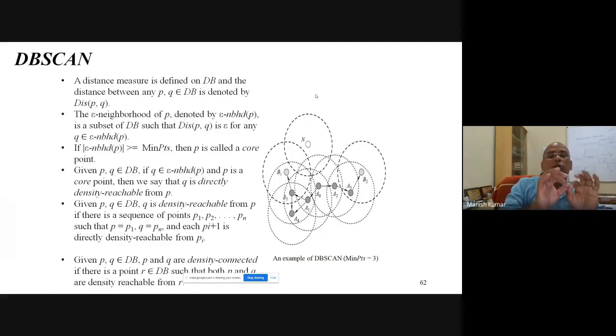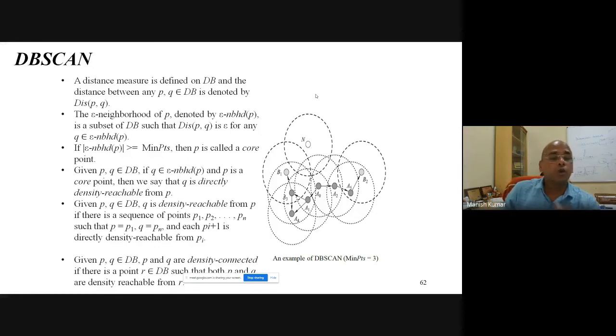Now consider the epsilon distance, whatever you have fixed, and draw a circle. Whatever points fall inside that circle will be referred to as the epsilon neighborhood of P. So that is what we were defining in the second point.